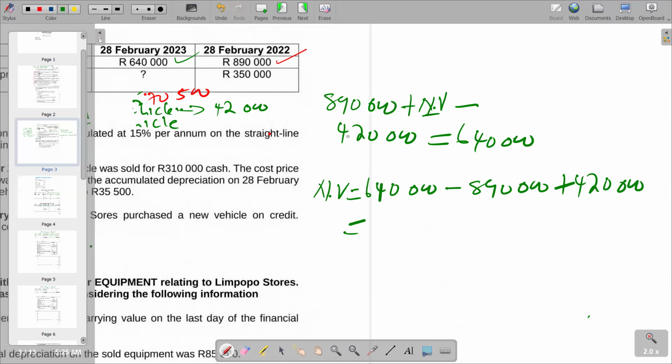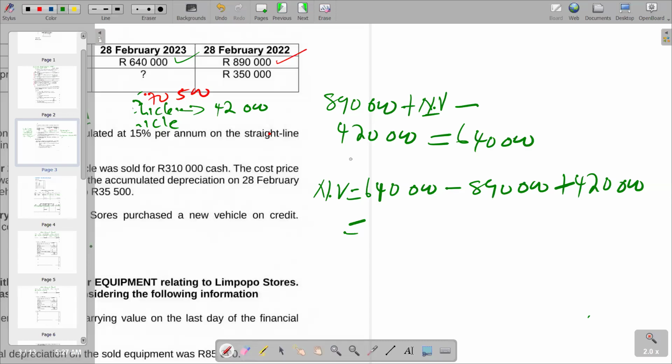So when you calculate, you are going to get 170,000. So from your 170,000, you can now calculate the depreciation for the new vehicle. So this is the cost of the new vehicle, 170,000.